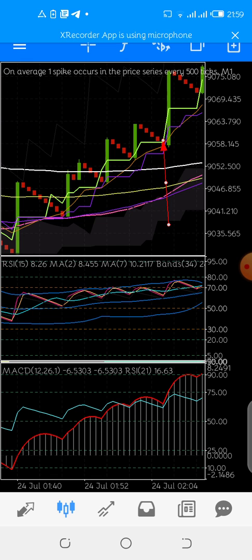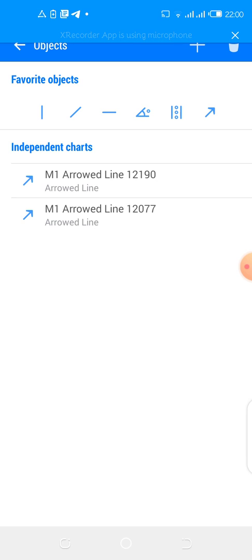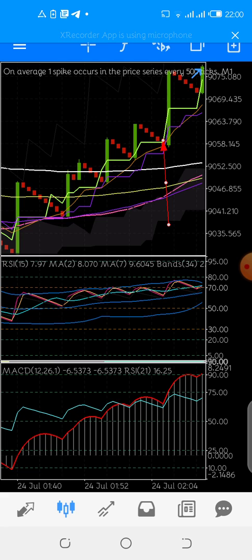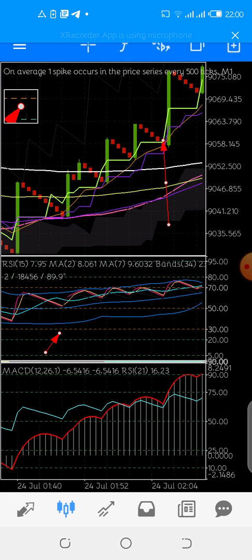This here is an Ichimoku line. Anytime the market is on an uptrend, you will always expect when it reaches that Ichimoku to spike. I'll give you the settings of the Ichimoku also. So when we are on an uptrend, you will mostly use an Ichimoku, and you will also use the TDI.